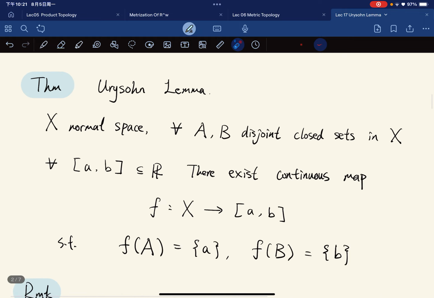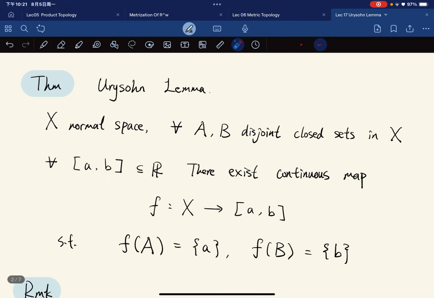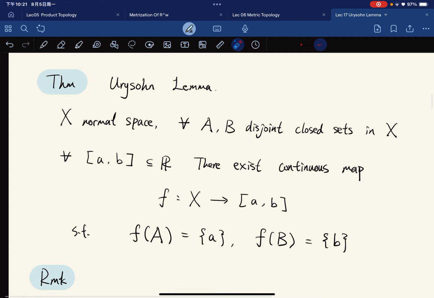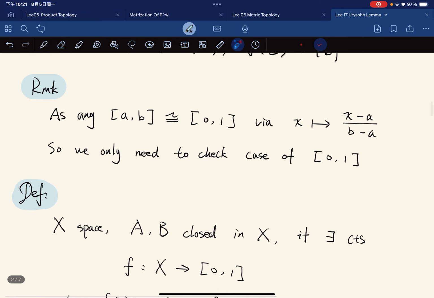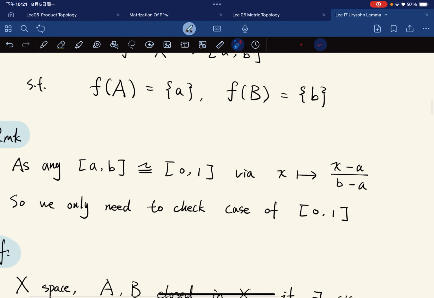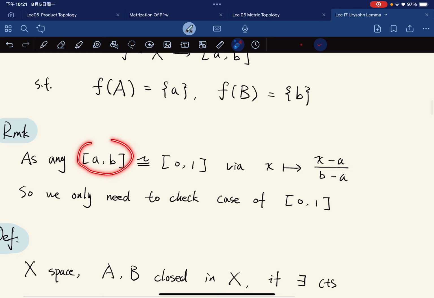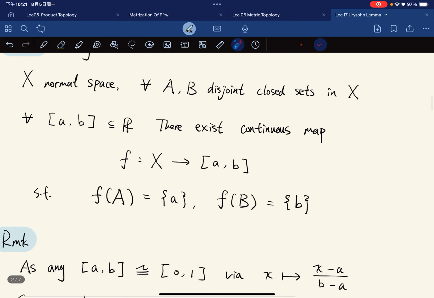Instead of proving this right away, we're going to discuss something based on the Urysohn lemma. We'll prove it a bit later, so right now, a remark. Any two closed intervals are homeomorphic with the closed interval from 0 to 1 via an explicitly given map, so it suffices to check the case [0, 1].